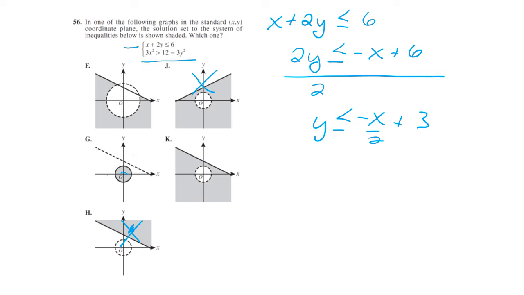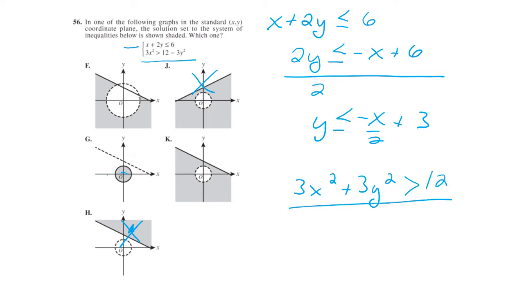Now let's look at the equation of the circle. So 3x squared, let's get the x and y together. 3x squared plus 3y squared is greater than 12.